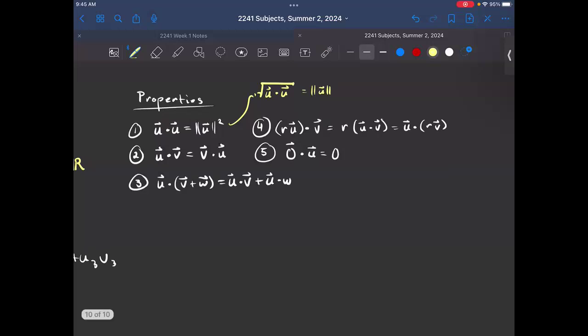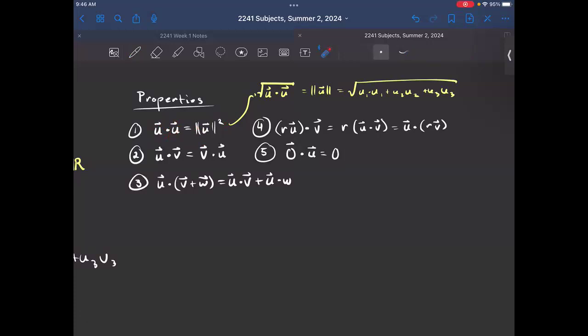It's just if you expand this formula out, you get the square root of u1 times u1 plus u2 times u2 plus u3 times u3. And so you get exactly the norm formula again. It just looks a little bit different. What this really gives us is a way of computing the dot product of a vector with itself from the norm.